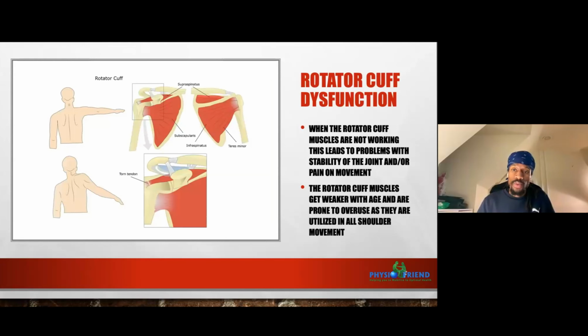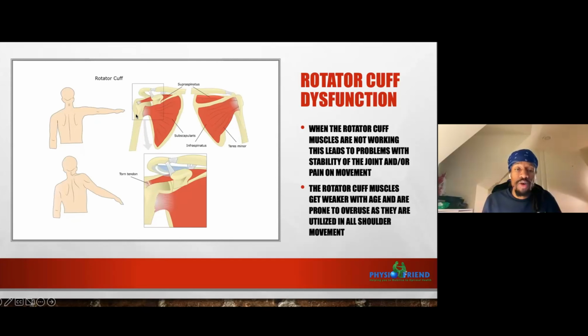So when we're looking at the rotator cuff muscles, we can have other issues with them. For example, you can get overuse of the supraspinatus muscle. That might be in the gym, lifting heavy weights and overusing it, not resting. That could be an older person who has to carry their shopping up 10 flights of stairs.